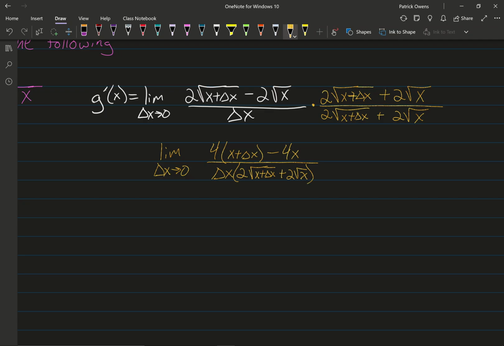And we're not ever going to need to multiply that out. Our numerator, then we will distribute that 4, still keep writing our limit as delta x approaches 0. So we've got 4x plus 4 delta x minus 4x divided by delta x times the rest of that denominator.